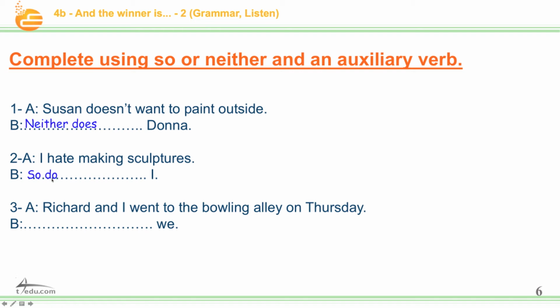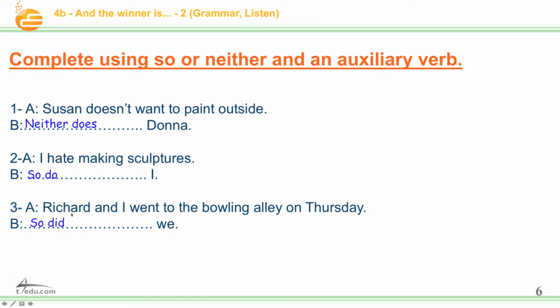Affirmative auxiliary verb, then I. Number 3. Richard and I went to the bowling alley on Thursday. Blank we. The answer is so did we. Okay?